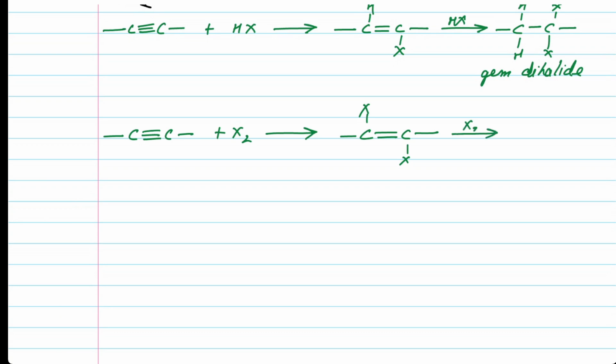Another molecule of X2 reacting in presence of CS2 or CCl4 is going to give us the vicinal tetrahalides. That's what we have, vicinal tetrahalides. That is the reaction of alkynes to give haloalkanes.